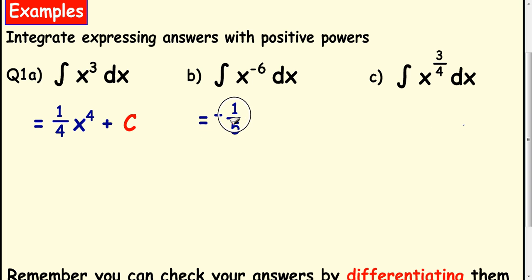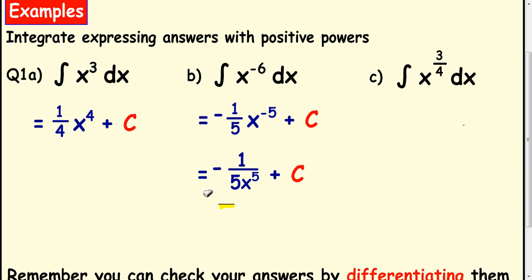So it's going to be -1/5 x to the -5 plus c. Leave the answer with a positive power, so take the x down below and make it a positive 5. So -1/5x to the power 5 plus c. You need to remember this idea, x to the -5 is the same as 1/x to the 5.